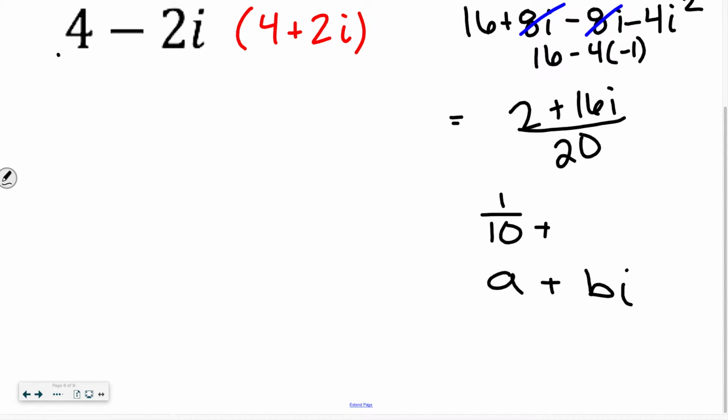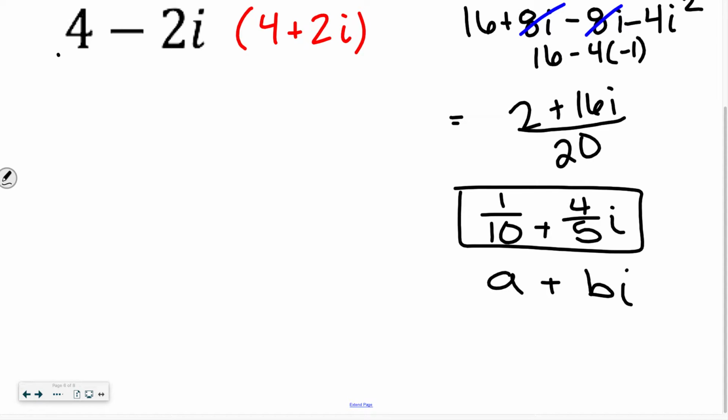And then 16 over 20 is going to reduce to be 4/5. So this way, I have a real coefficient of 1/10 and an imaginary coefficient of 4/5 that I could identify as my a and b. So you always break it up. Okay. Any questions about dividing your complex numbers?